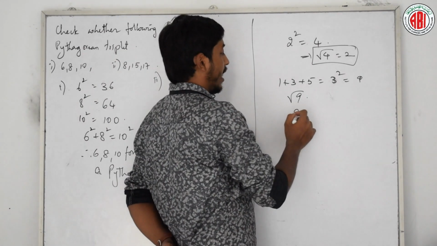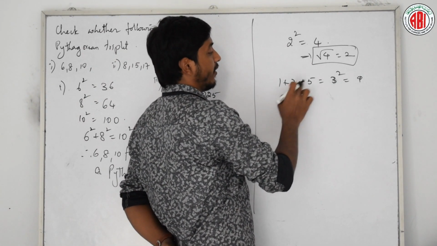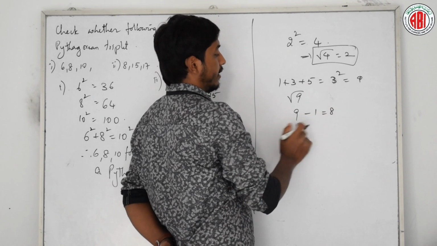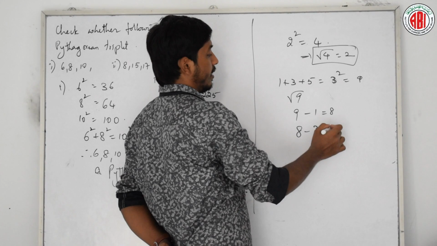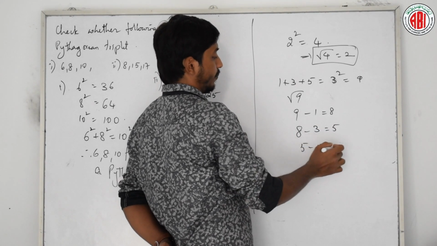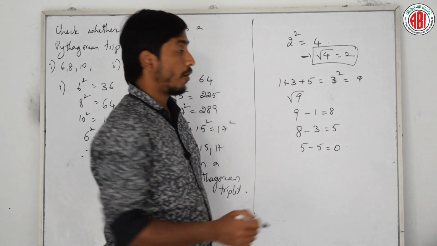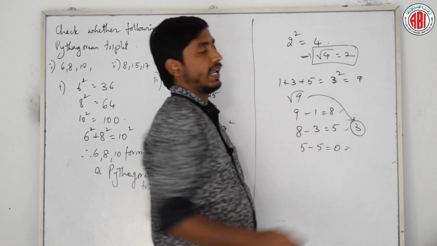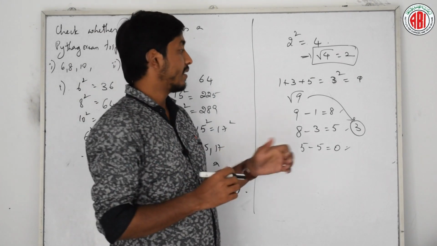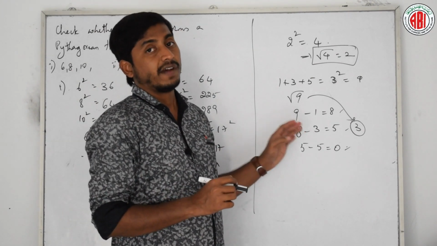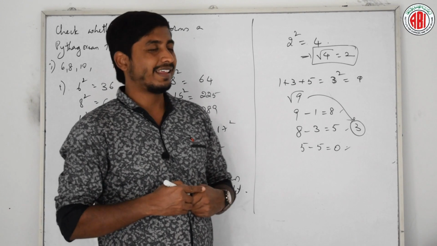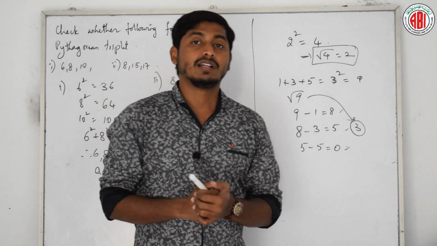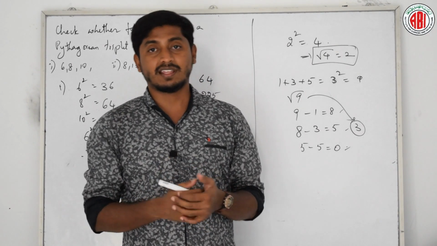From 9, I will subtract each and every odd number. 1, then I will get 8, then I will subtract 3, then I will subtract 5. Okay. How many steps did I get? 3. Therefore, square root of 9 is 3. Is it clear? This is one method to find the square root of a given number. And there are a few more methods like the factorization method and the division method. Okay. Shall we start doing one after the other?